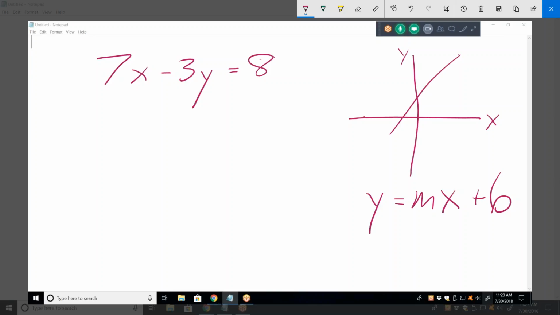So if I give you an equation like this, and I say plot that, graph it, you want to get it into this format. So switch this thing around so that we end up with y equals something. Tell me what I've got to do.